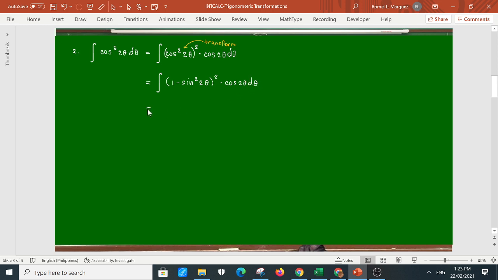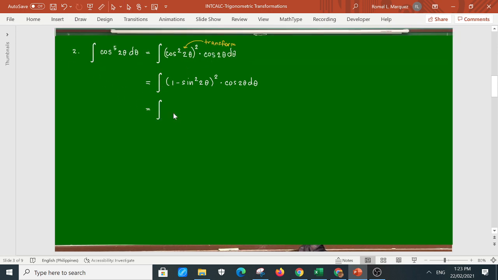Next, we have to expand. And this cosine 2 theta d theta will serve as the differential later. All you have to do is to fix it by the necessary numerical coefficient that will be required for this. So let's now expand, guys. What's the expansion?